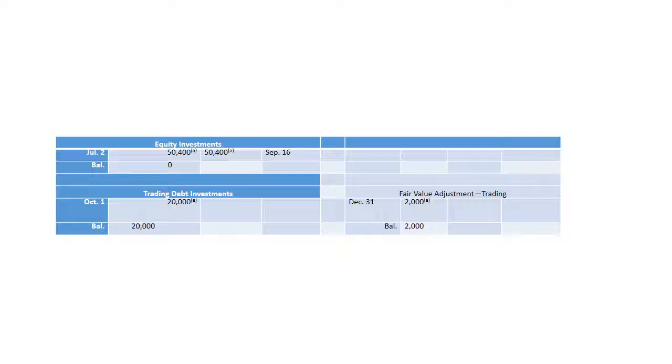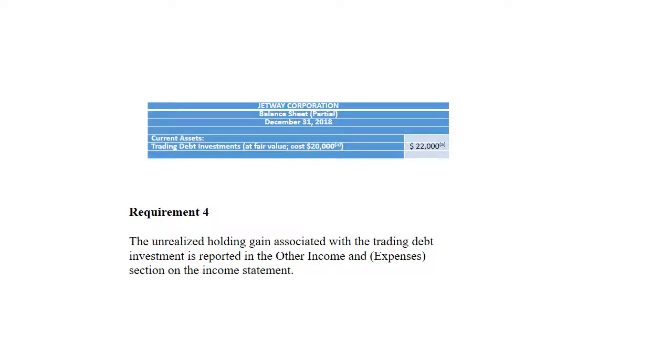So that $2,000 debit balance in the fair value adjustment account will be added to the debit balance in the trading debt investments. And at the end of the year, on the balance sheet, under current assets, because remember, trading securities are going to be held only for a short period of time, less than a year, we will report this trading debt investment at its fair value of $22,000.